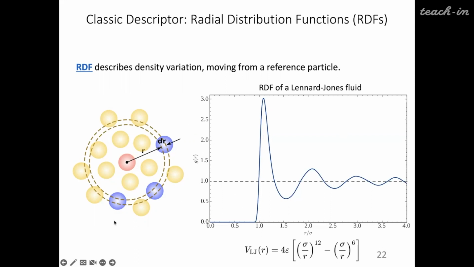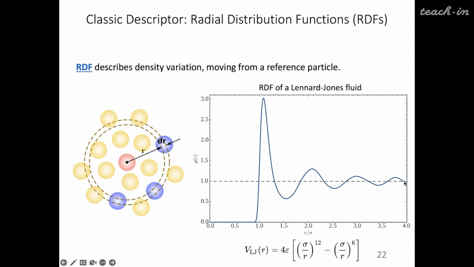So if we consider a liquid, a Lennard-Jones liquid, then under some parameters, the radial distribution function would look like this. Upon moving from the reference particle, we get the uniform density.